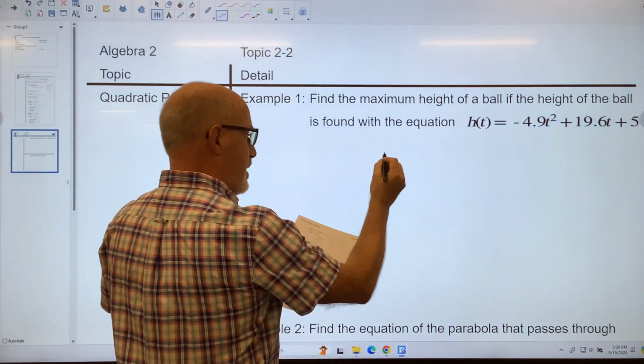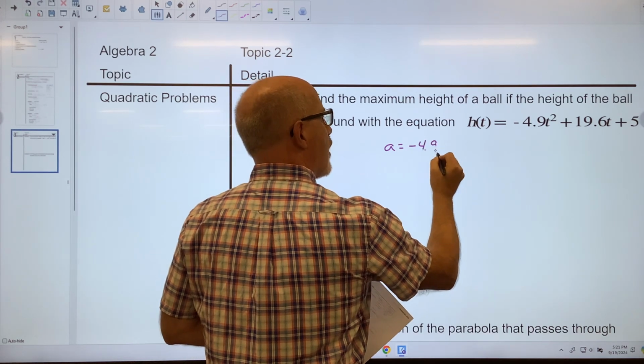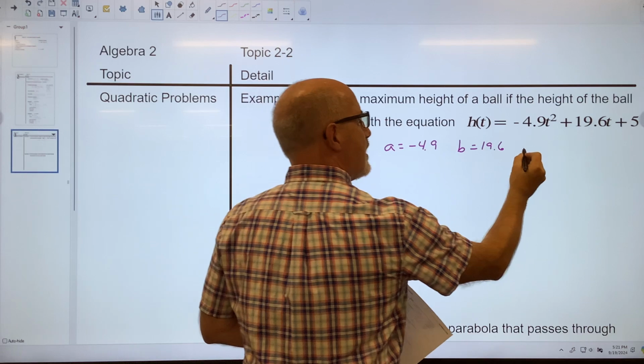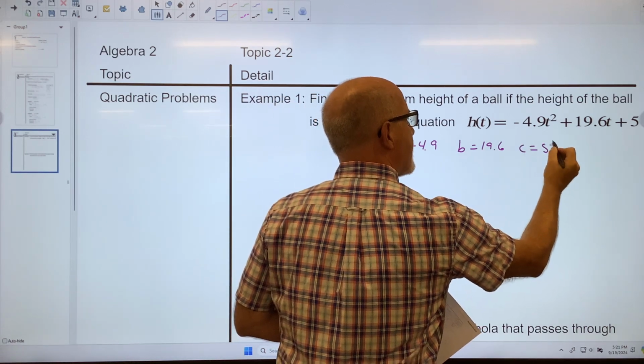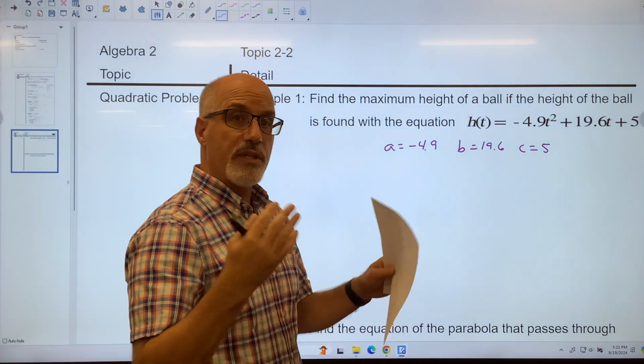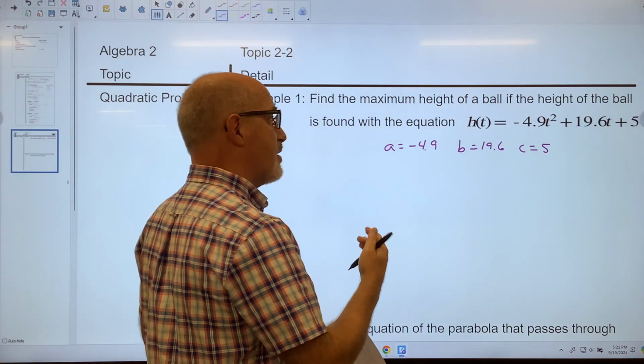So let's pick out our a, which is negative 4.9, our b, which is equal to 19.6, and our c, which is equal to 5. So our variable is t, the first value is t, the second value is h.